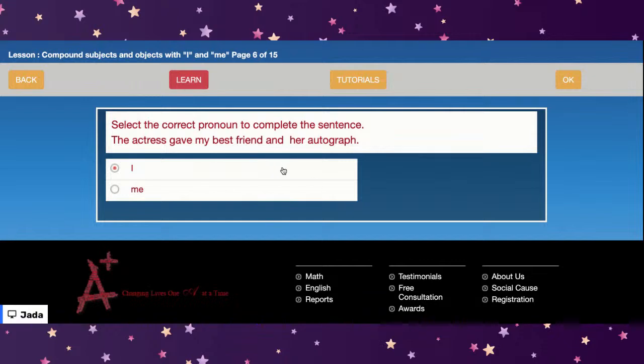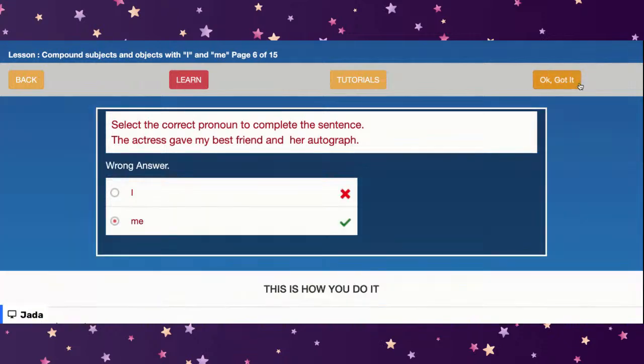So we can say my friend and I her autograph. So if you say I and then you click on it and it's wrong, it has to be me. Take notes. Remember that I is used as the subject and me can be used as the object. Okay, so this is supposed to be the object, not the subject.